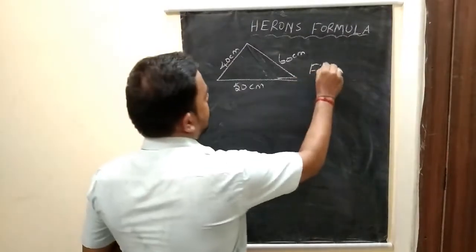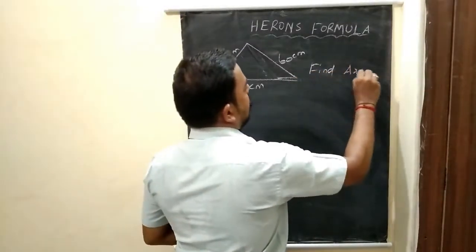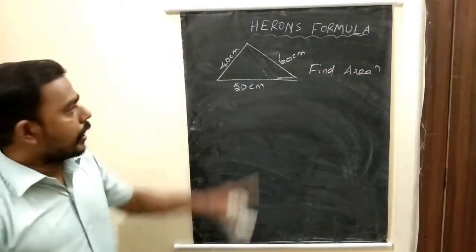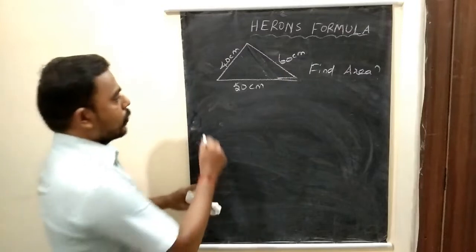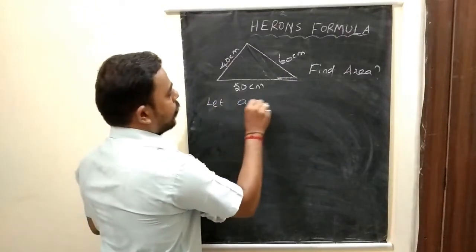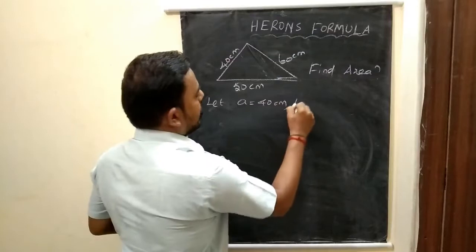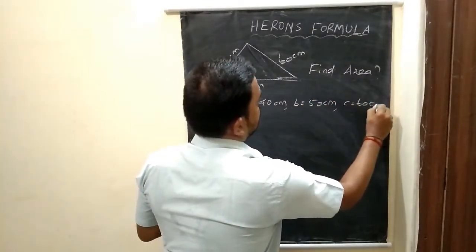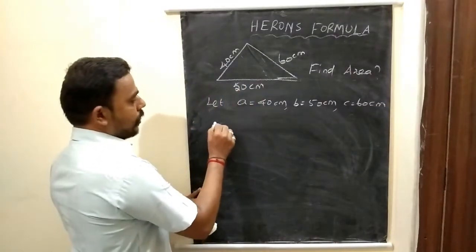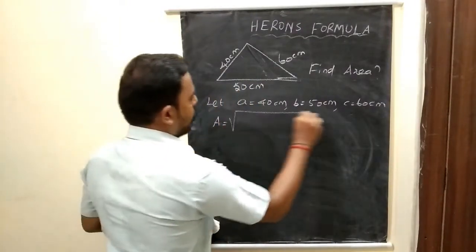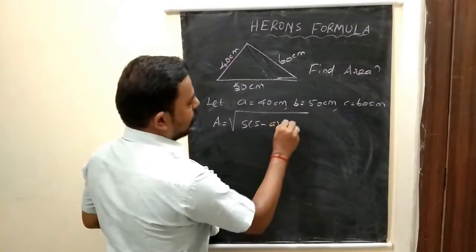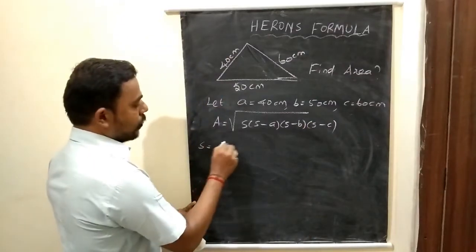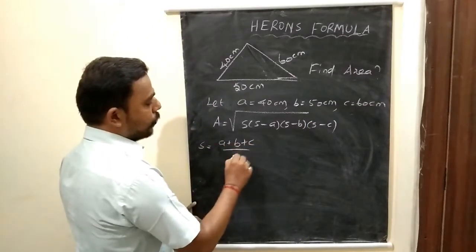Find the area using Heron's formula. This is the problem. Only sides are given. So let A equal to 40, B equal to 50, C equal to 60 centimeter. Now Heron's formula, area equal to square root of S into S minus A into S minus B into S minus C, where S is equal to A plus B plus C divided by 2.